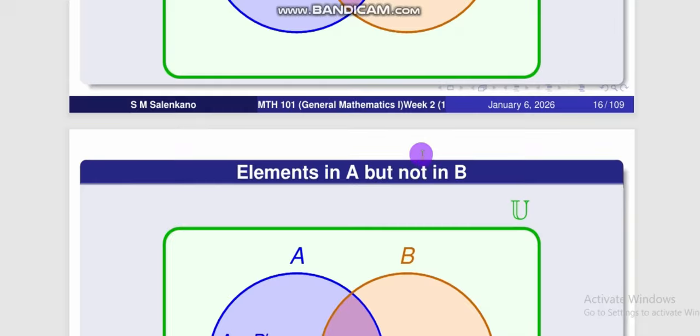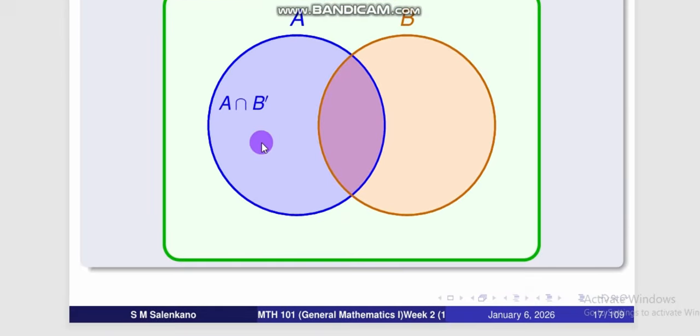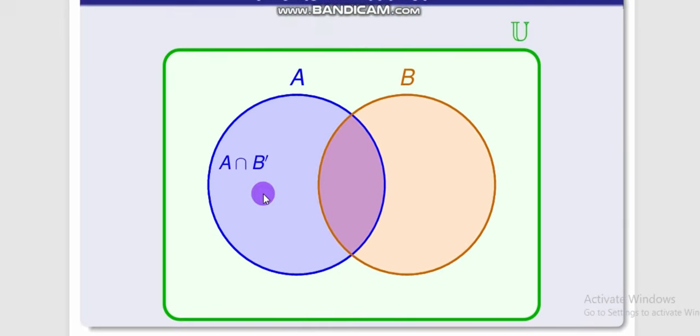Where are they located? And how do we write them? You can see this is the region. Here you write elements that are in A but not in B. Remember we say that all the elements that are not in B constitute the B complement.